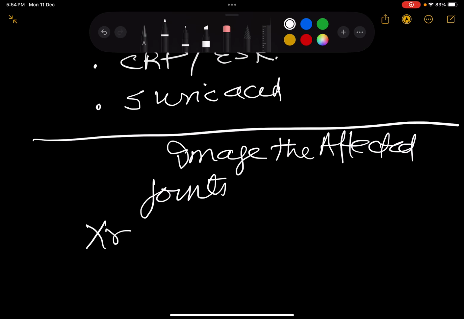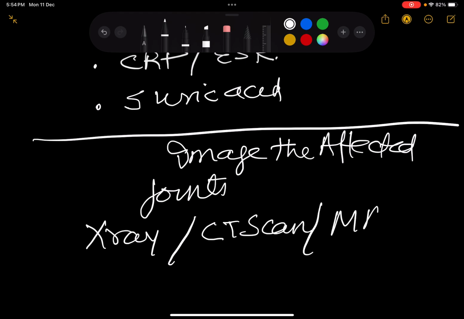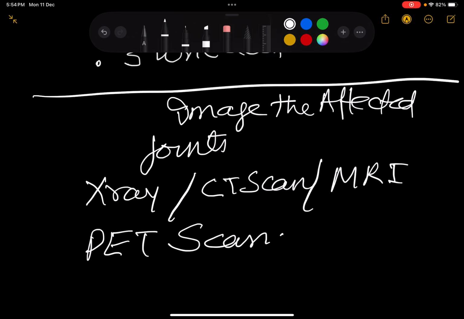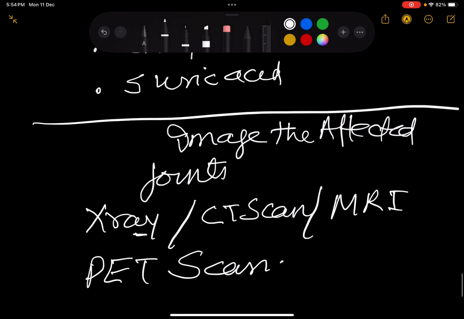And basic is X-ray, then CT scan or MRI can also be done. PET scan can tell you the inflamed joints. So for surveying the inflamed joints, you can do a PET scan. But basically, an X-ray is sufficient to tell you a lot.